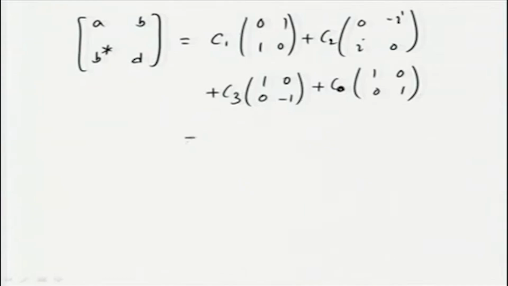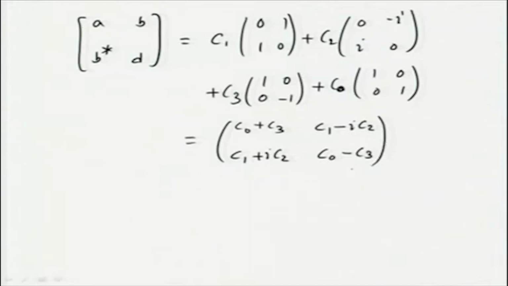If I do this, the first element is C 0 plus C 3, the second C 1 minus I C 2, C 1 plus I C 2, and C 0 minus C 3.